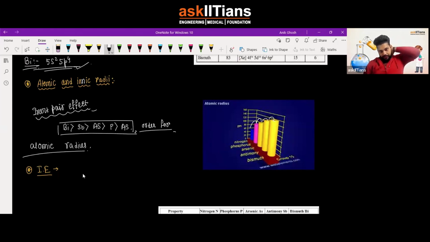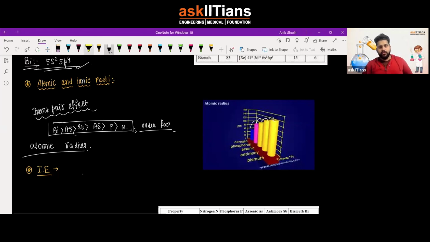But there is one thing that you need to notice: when we are moving from nitrogen to phosphorus, the jump is pretty high, isn't it? But for the next one, phosphorus to arsenic, the jump is pretty low, not as much as nitrogen to phosphorus. That too is because of the d-block contraction.